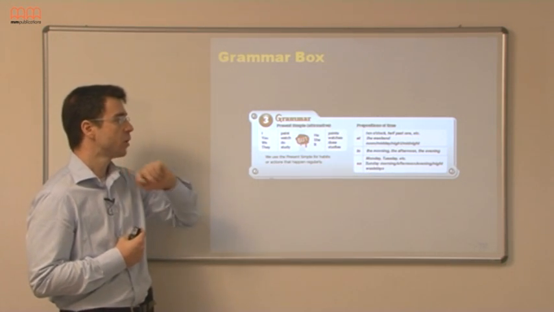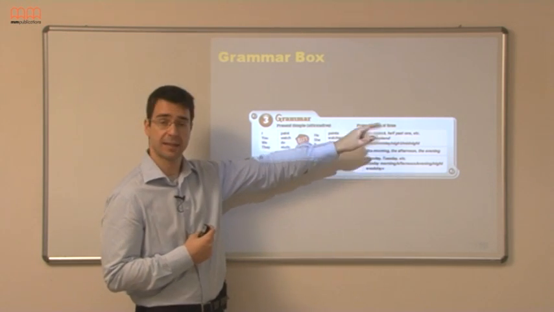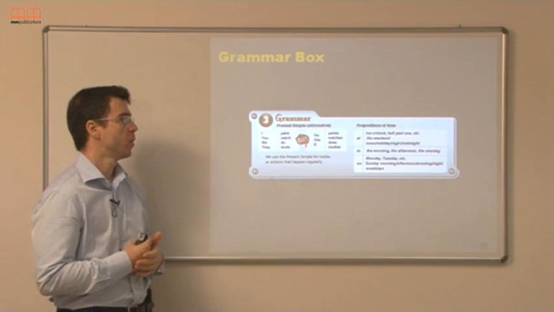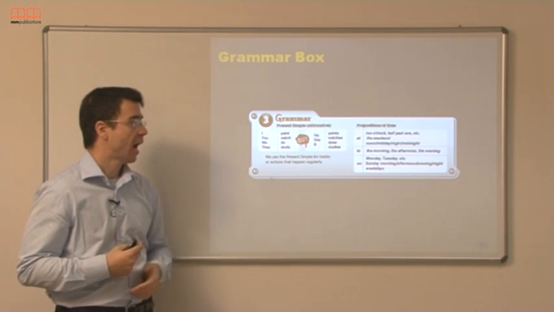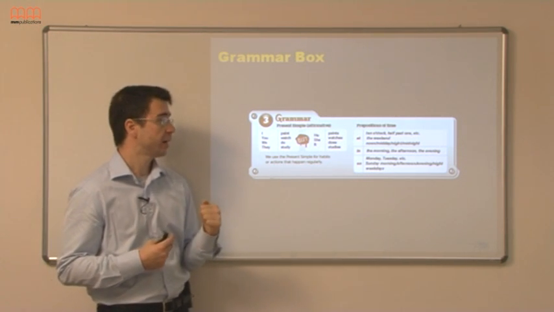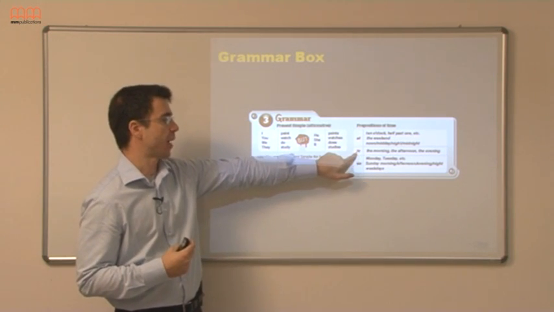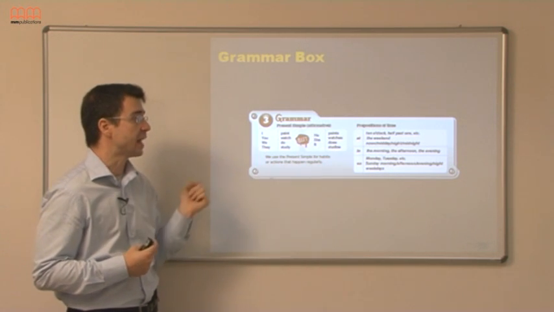Okay. Let's have a look now at the prepositions of time. As you can see, we use at, okay, for the time, like at 10 o'clock, at 1:30, etc. We also use at when we say at the weekend, at noon, at night. In, we use this for the times of the day, like in the morning, in the afternoon, in the evening.